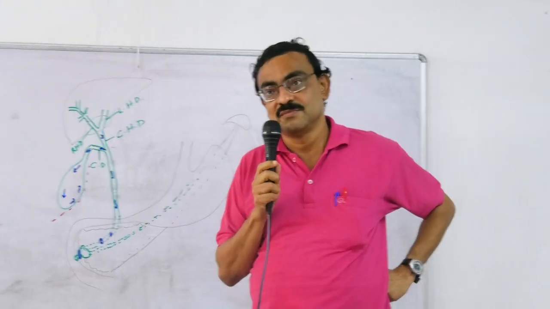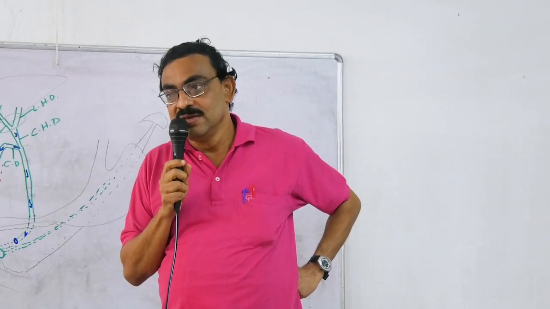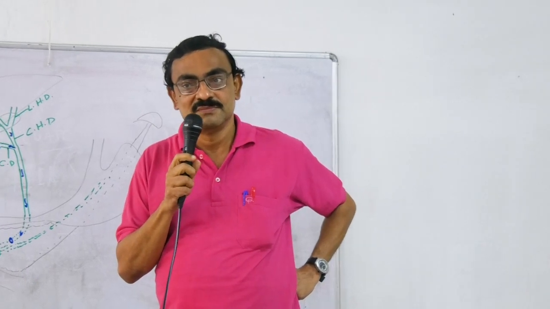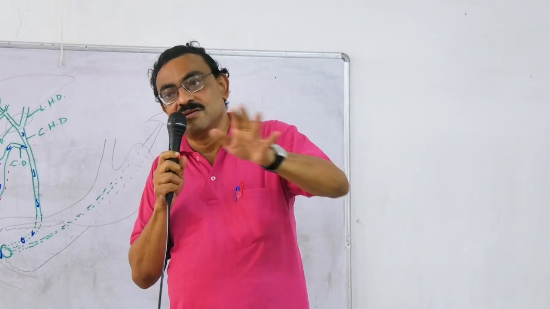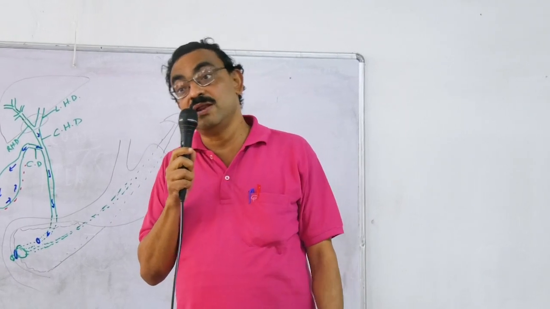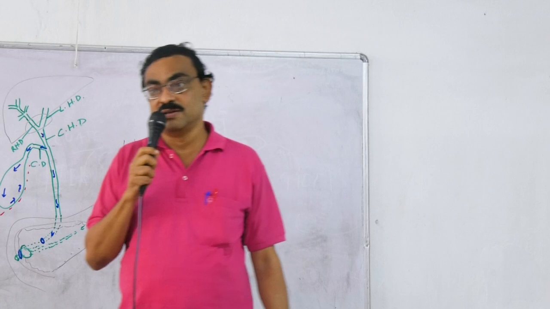Generally, why? If there is a mesentery for the gallbladder, then a major part of the superior surface will also become peritoneal.